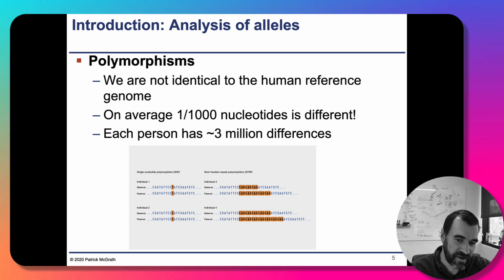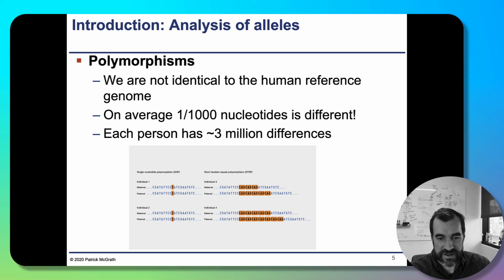That indicates that we are very similar to the reference genome. 99.9% of our base pairs will be identical, but because the genome is so large, there's a very large number of actual differences between us and the reference. A good ballpark number to have in your head is that there are about 3 million differences between you and the reference. So there are a lot of actual individual differences.